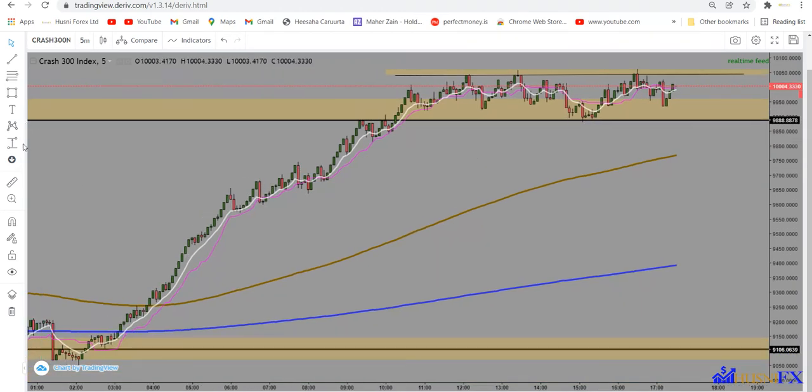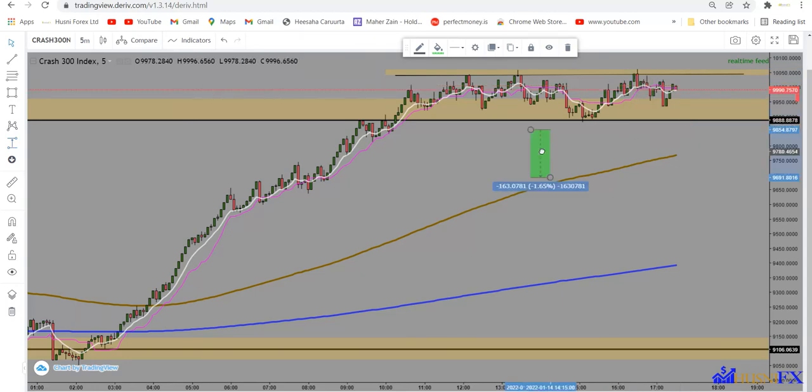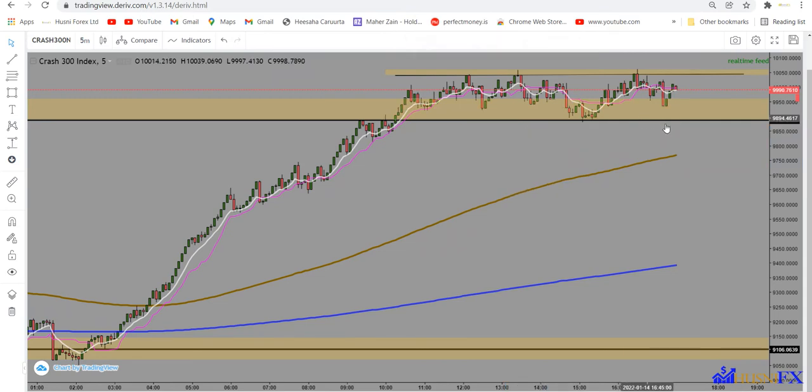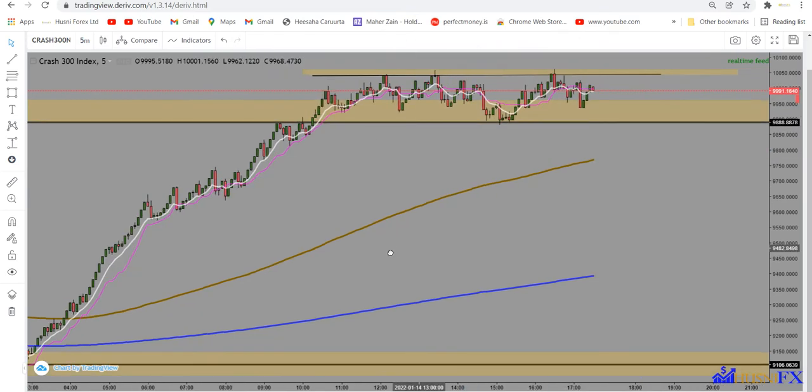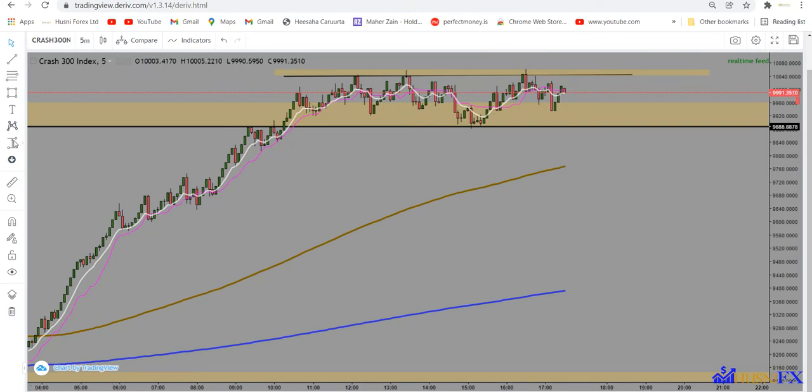So if I want to sell this market, for example, I will have a target of 1.62. That means I have to draw from here to here and wait for the market to give me 1.62, and that is where my exit point will be.